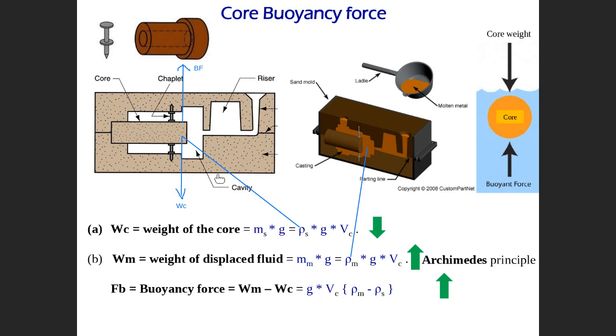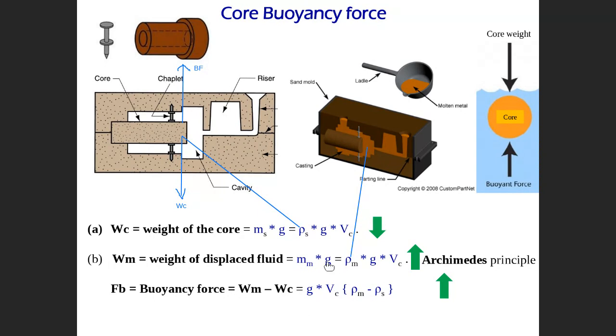Here one up, the remaining force is the difference between Wm and Wc. This is a force up, this is a force down. So the remaining buoyant force is the balance between Wm minus Wc. Wm, which is bigger, is based on Archimedes' law, minus Wc, the weight of the core.